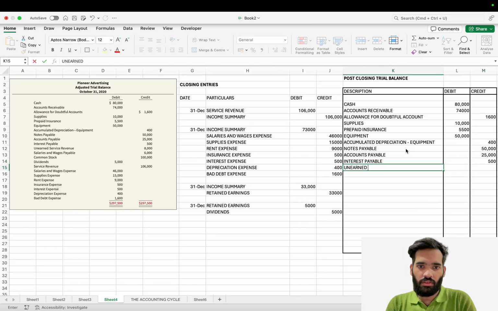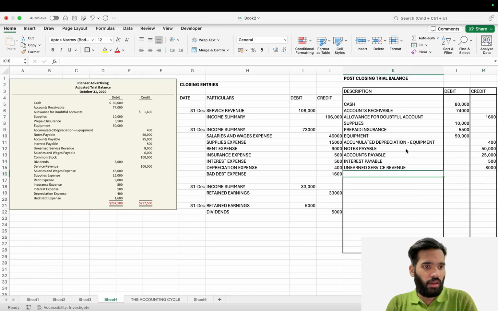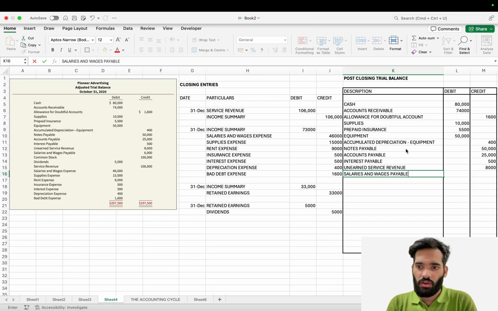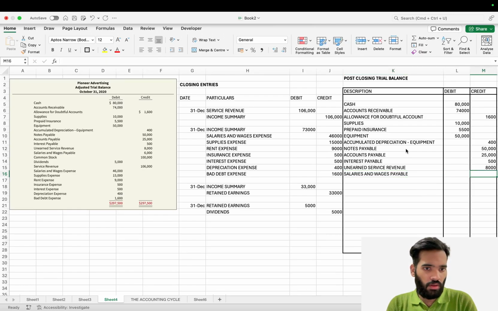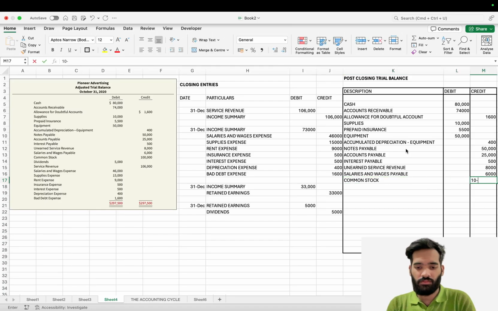Unearned service revenue, which is a liability account, of course, 8,000. And then salaries and wages payable, which amounts to 6,000. And then common stock, which is 100,000.